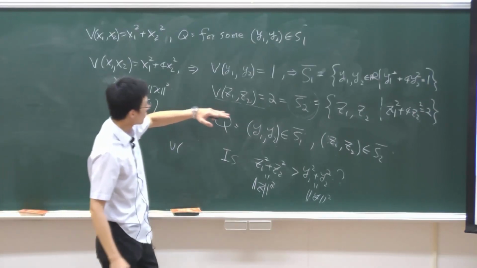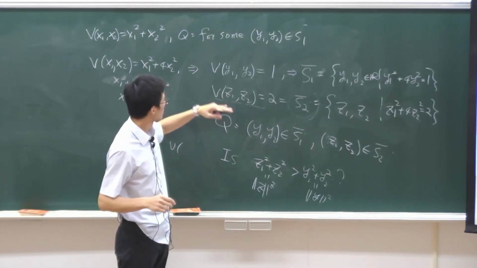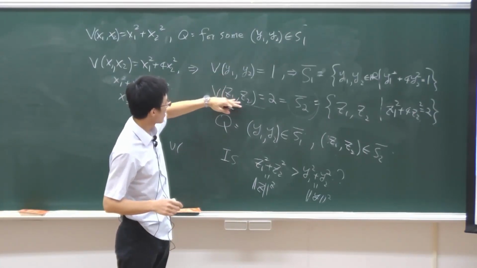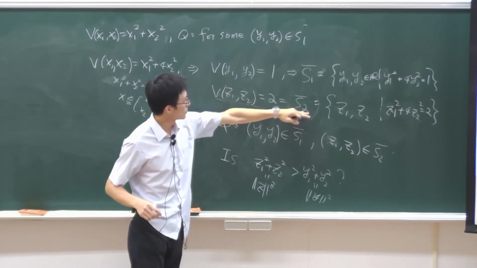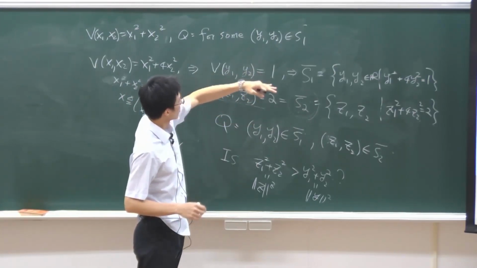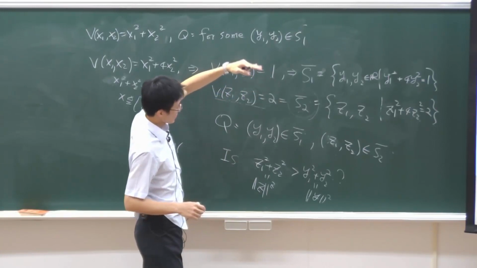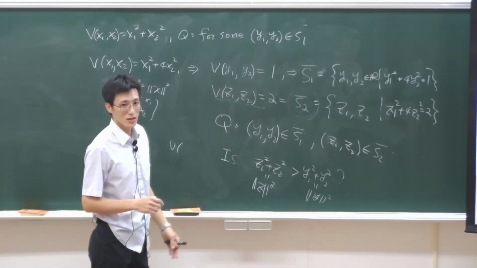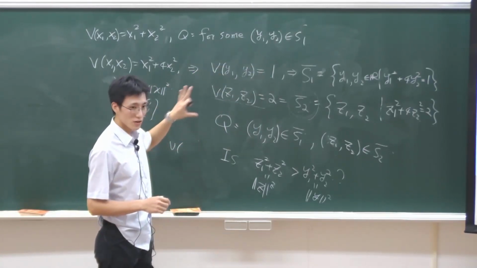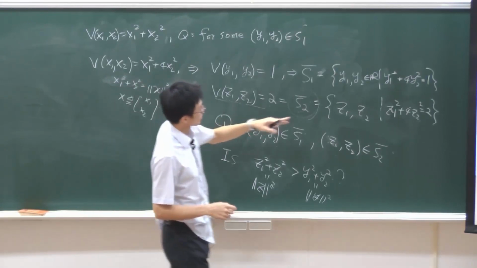Because what you can guarantee is that the V value for all arguments in this set is greater than the V value of the set of this V value, right? But that's the V value. V value is defined as this.